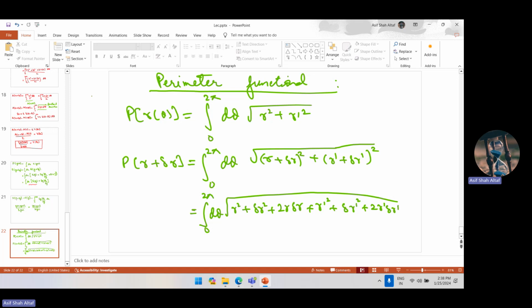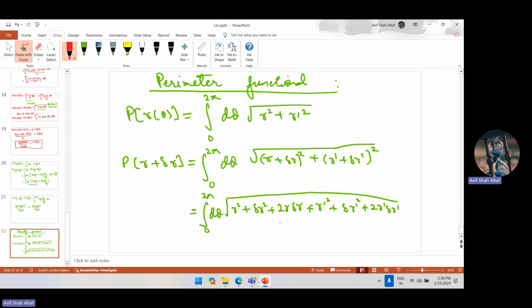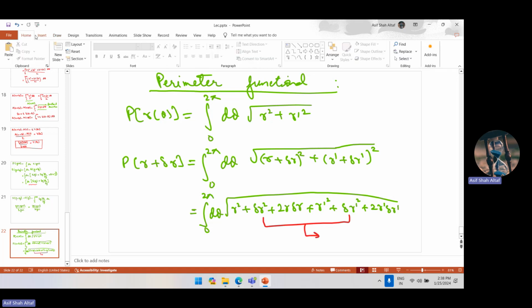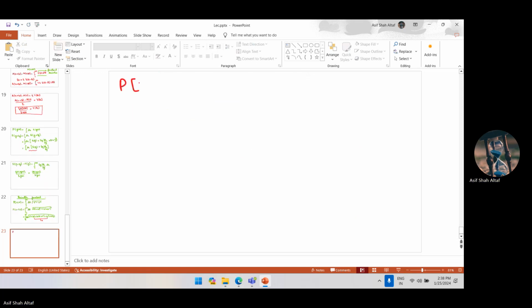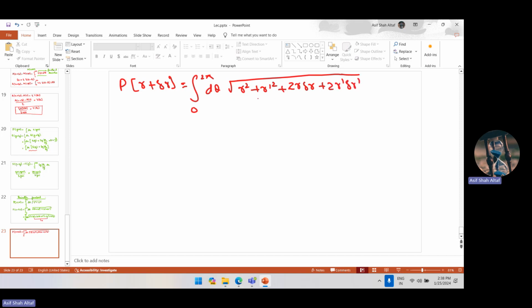Fine. Now these terms here will be ignored because they're second order terms, so we can just neglect them because delta r is already small. What we will have then is the square root of r squared plus r dash squared. Fine. This is what we will have.